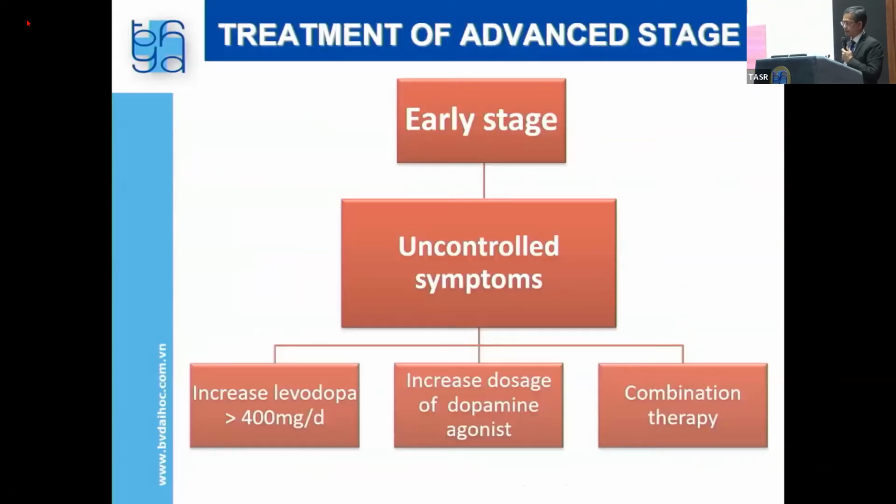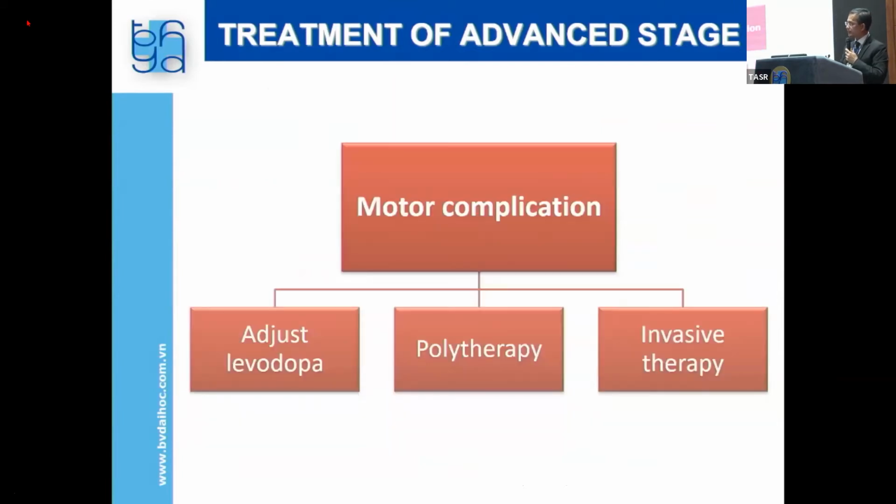When the patient goes from the early stage to the middle stage, the patient will have some uncontrolled symptoms. At that time, we can increase levodopa to more than 400 milligrams per day, or increase the dose of dopamine agonist, and we can also combine medications. When the patient has motor complication, we also adjust levodopa.